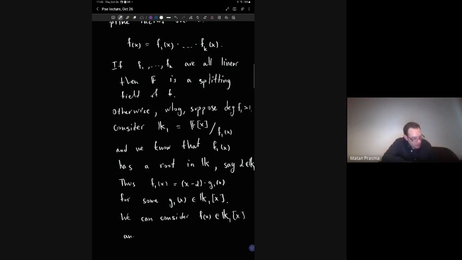And as such, it has at least one linear factor.